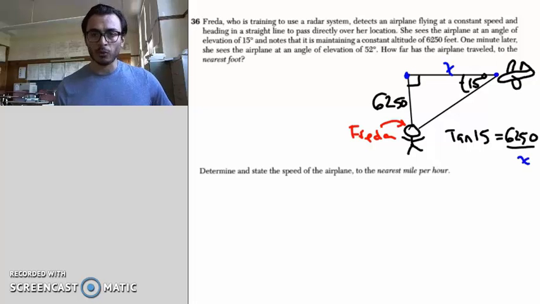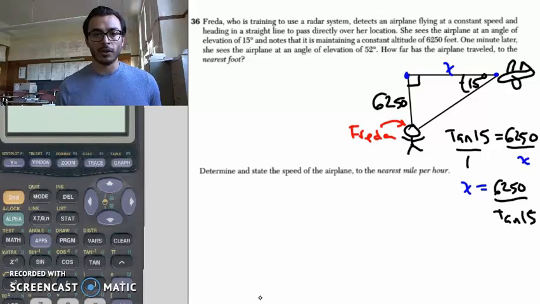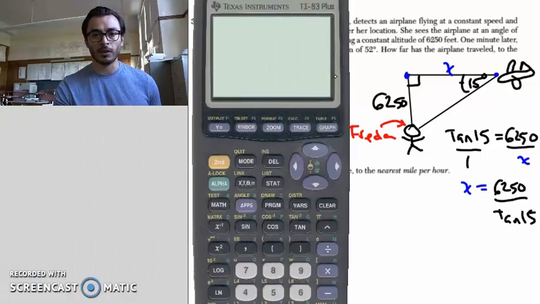Then you can cross multiply to solve for x. You put that over 1, cross multiply. X will be equal to 6,250 divided by the tan of 15. So you get yourself your calculator and input that into the calculator.